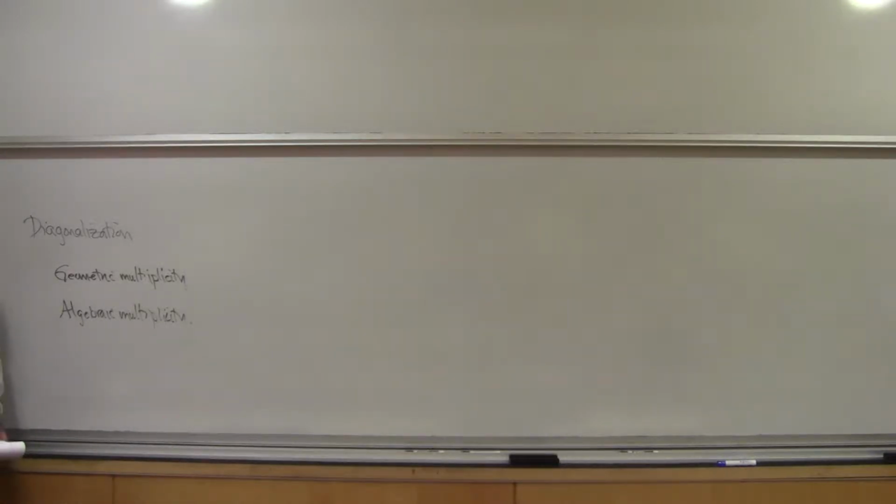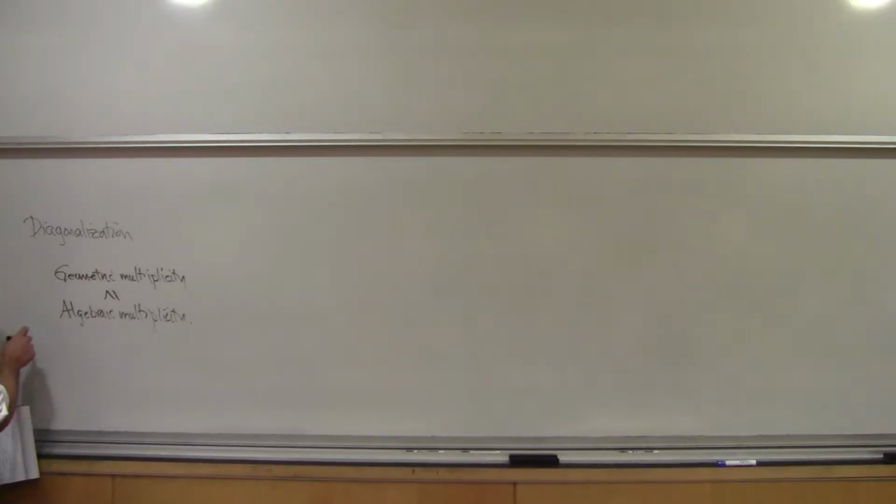Can anybody say what we got last time? The algebraic multiplicity is always greater than or equal to the geometric multiplicity, right?